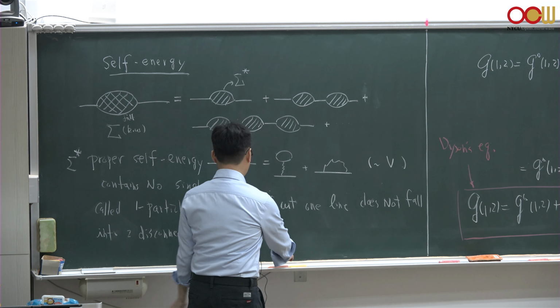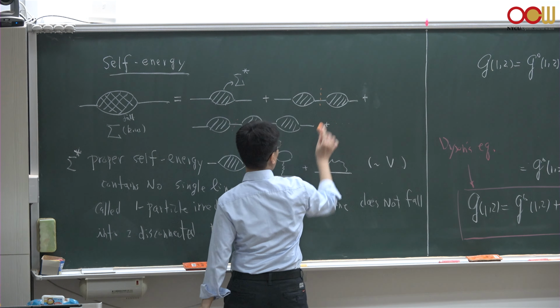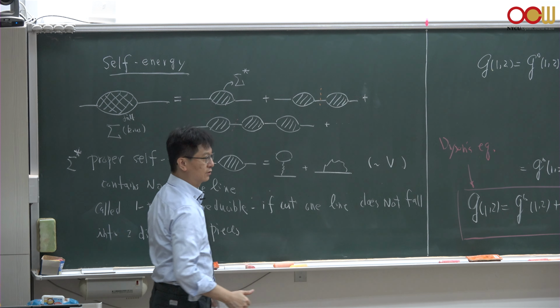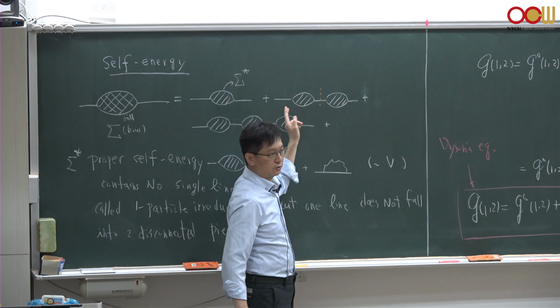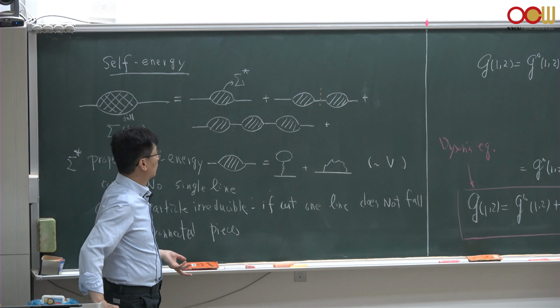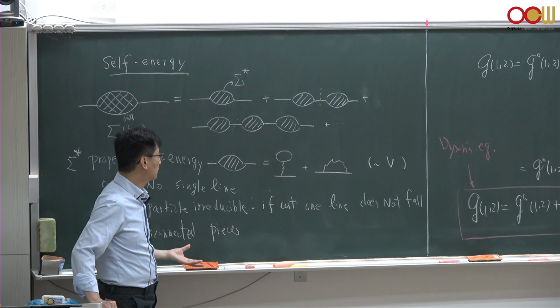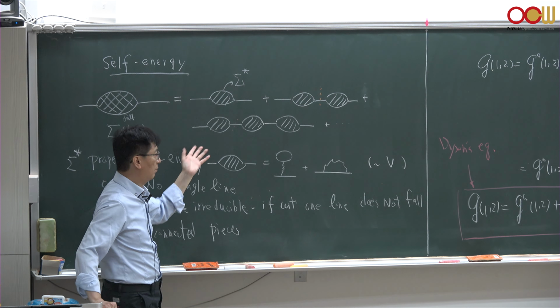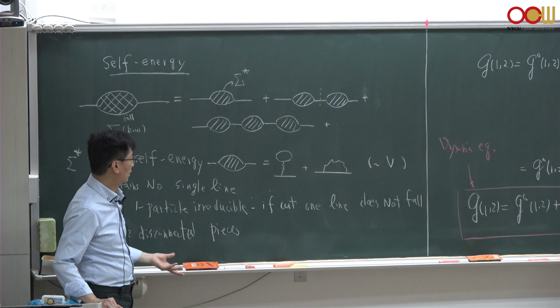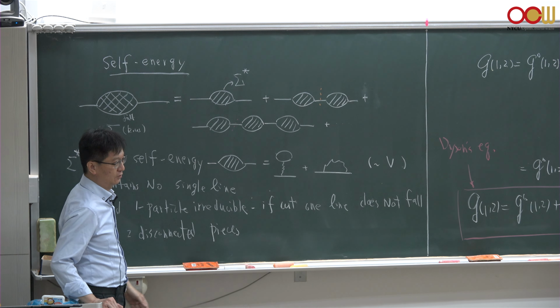We could reduce this diagram by cutting through it into two pieces, and each piece is actually an irreducible diagram. So we connect all these irreducible diagrams and they become reducible diagrams. And we sum over all possible reducible diagrams made of irreducible self-energy.